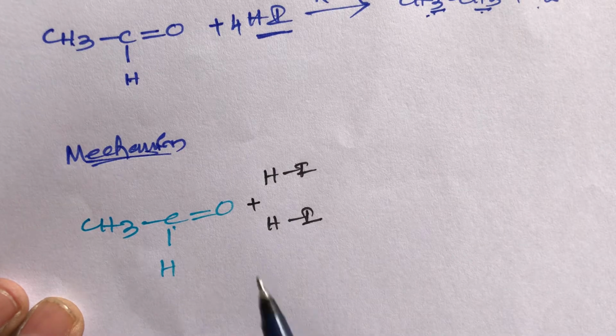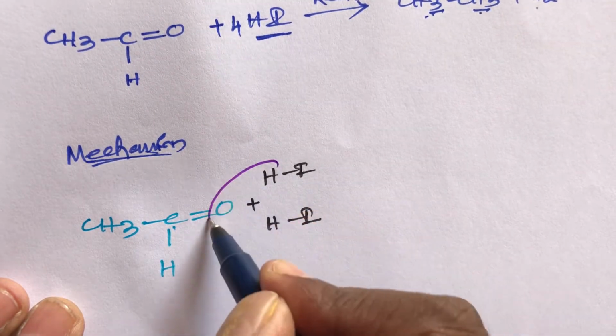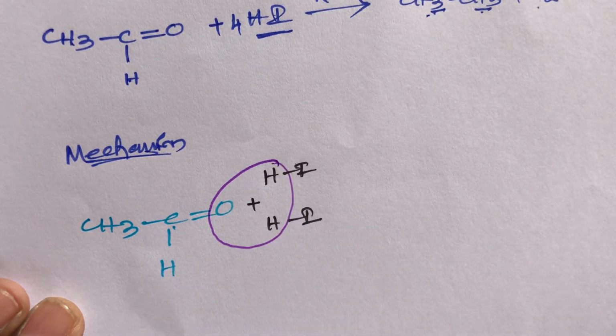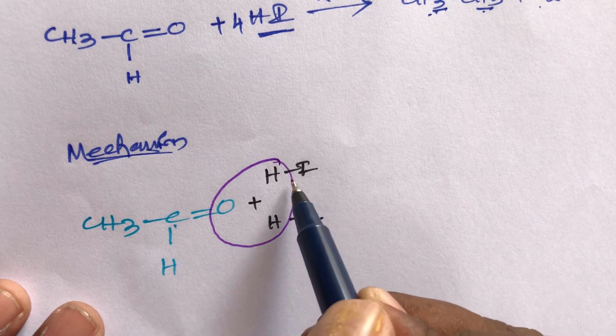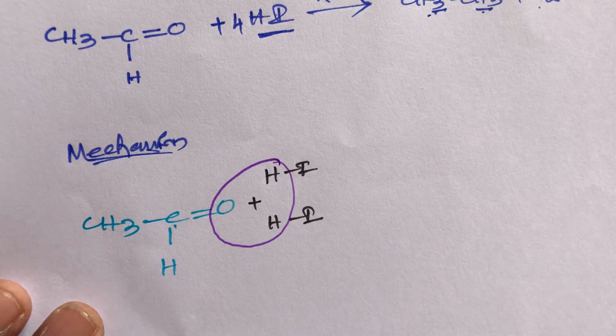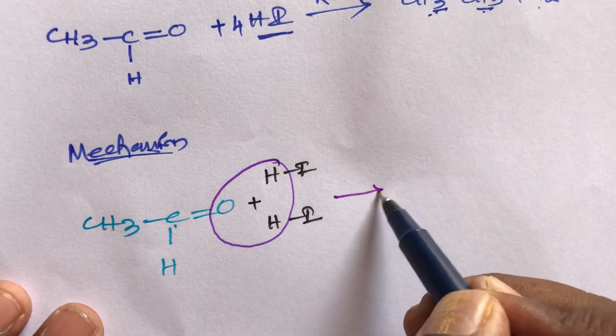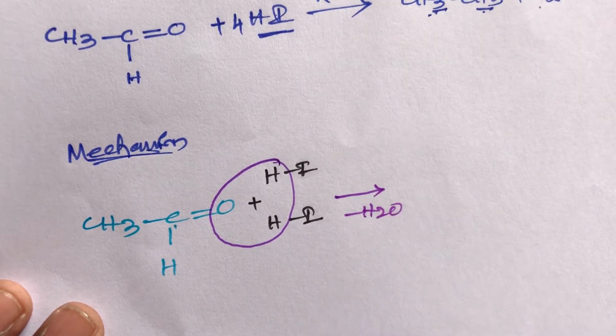In the first step, oxygen is there, so water is eliminated. Remember, CH3 C double bond OH, acetaldehyde, reacts with 2 moles of HI. Water is eliminated, that is removal of H2O.